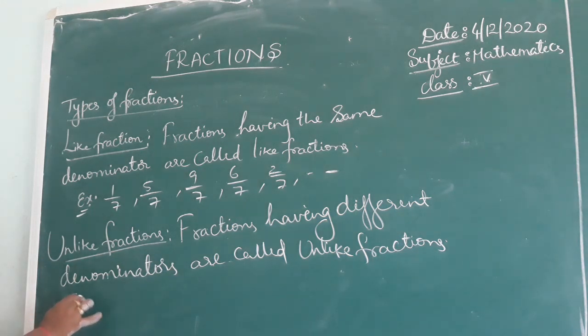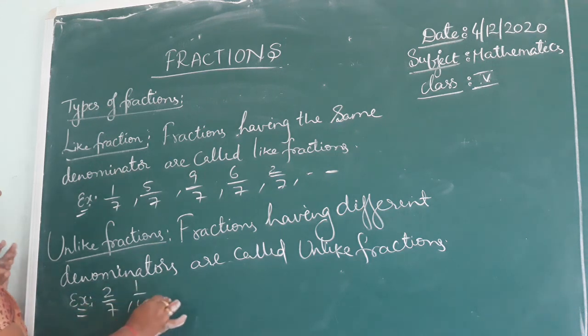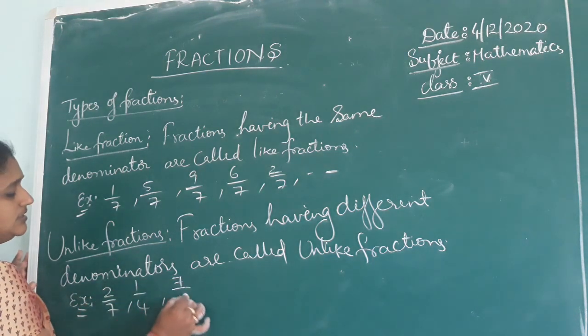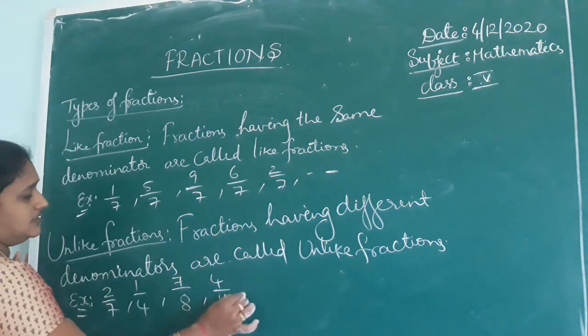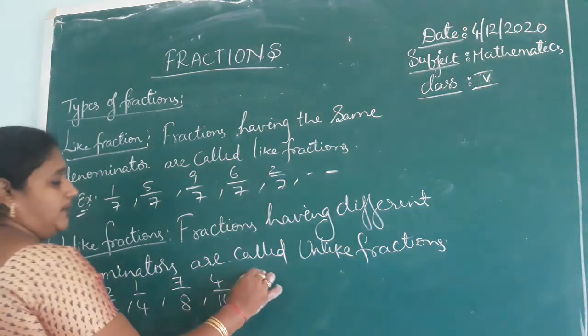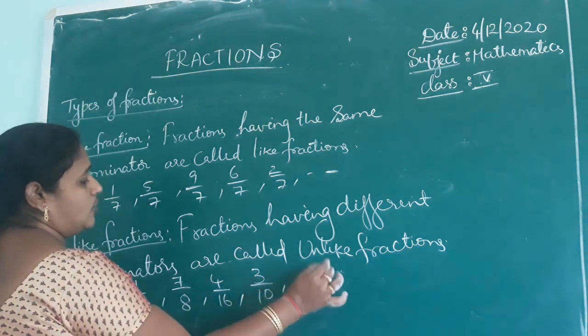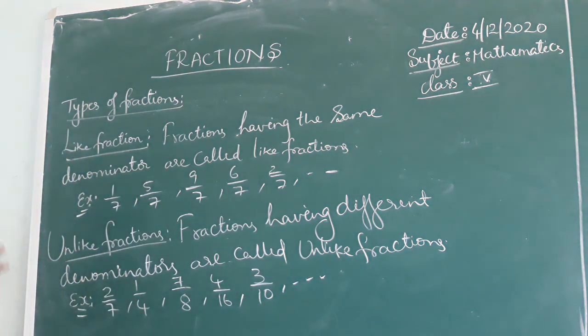For example, 2 by 7, 1 by 4, 7 by 8, 4 by 16, 3 by 10, like that. These are all unlike fractions. What are like fractions? Fractions having the same denominator. What are unlike fractions? Fractions having different denominators.